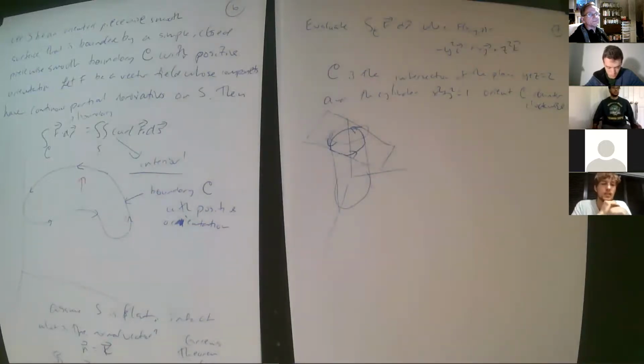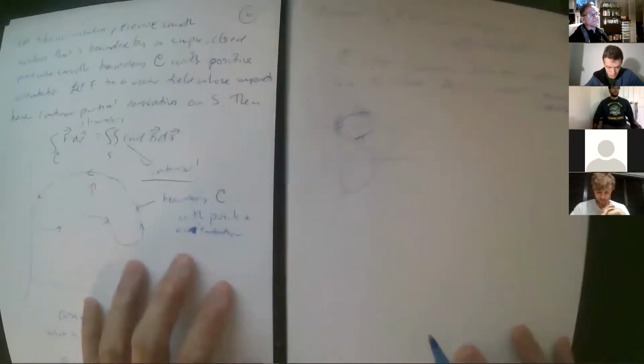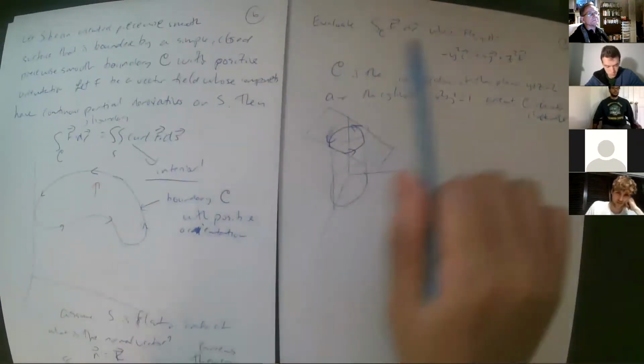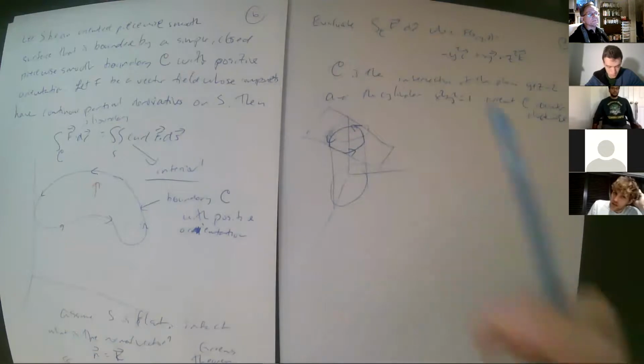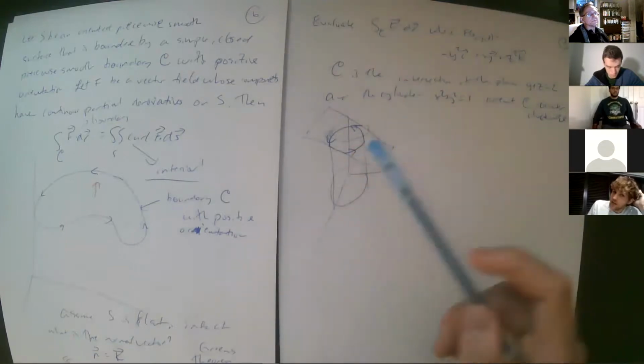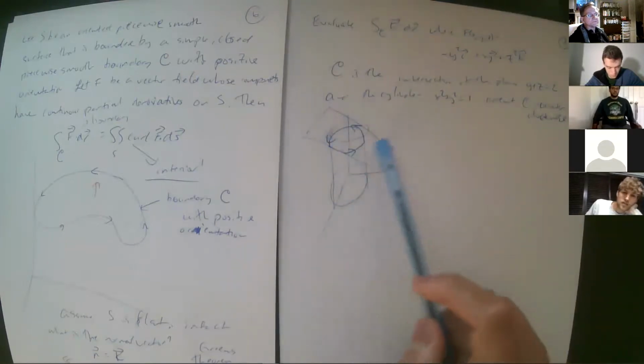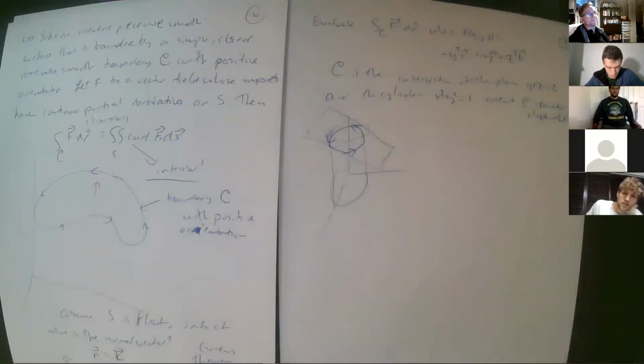Okay, so we're going to try to use Stokes' theorem here. We could compute this directly like we did before, right? We could do this directly by parameterizing this curve, C, then taking its tangent vector and doing all the other stuff we did before. But instead, we're going to use Stokes' theorem.